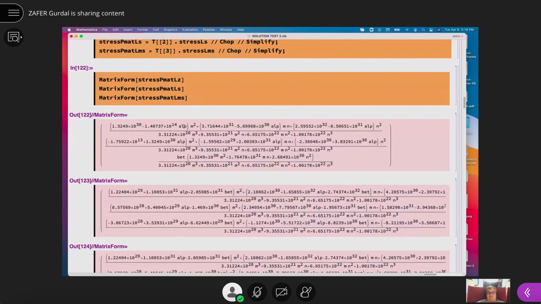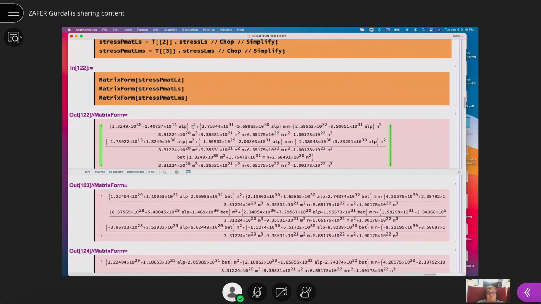There's alpha from the load case. There are m's and n's. And this is for the 0-degree ply stresses in the material direction. This is the first stress component, second stress component, and this is the second and third. There are 3 lines in each case.